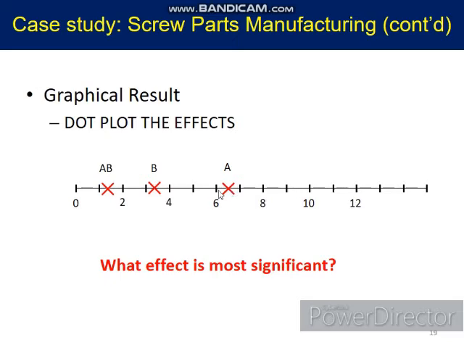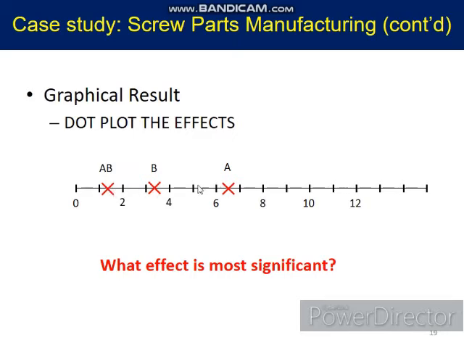For example, factor A is 6 point something, so I put it here. Factor B is 3 point something, and the effect of the interaction is 1 point something.